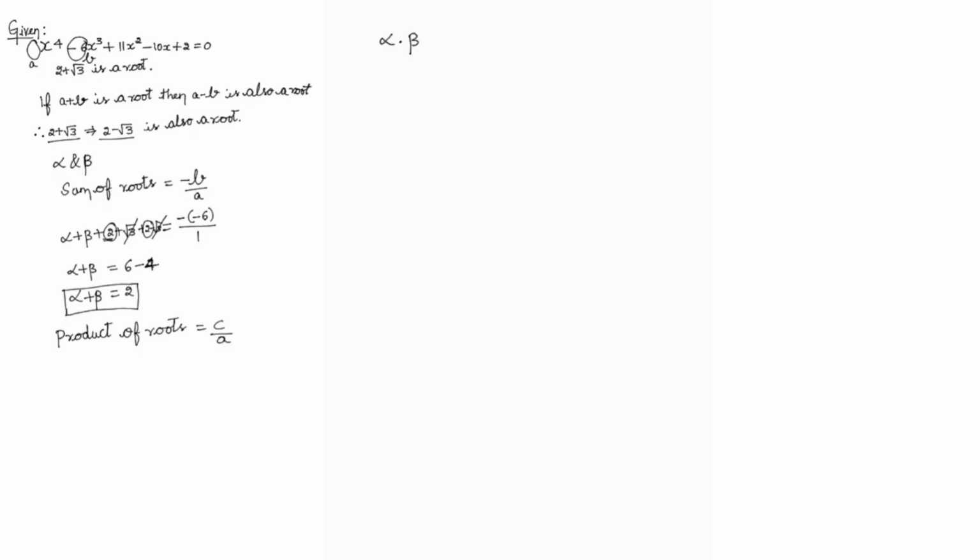So in this case, product of all the roots is alpha into beta into 2 plus root 3 into 2 minus root 3, which is equal to, our c is 2 in the equation and a is 1. Let's simplify this equation further. So on right hand side it will be 2.